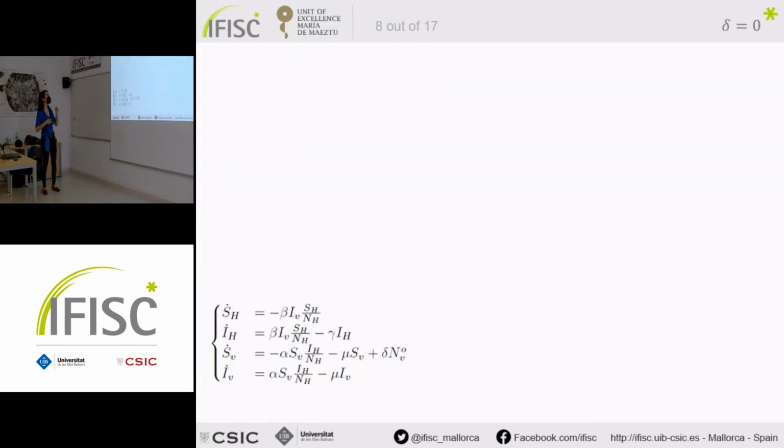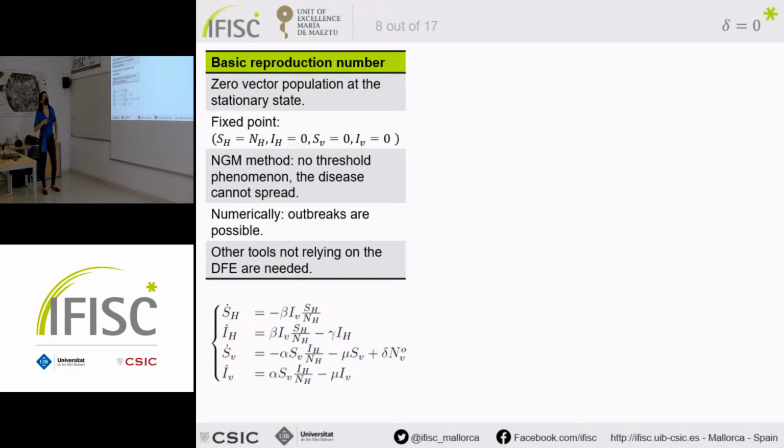Next, we can study the case delta equal to 0. This is a special case because at the stationary state of the system, the vector population is 0. So any linear stability method will tell you that there can be no propagation of the disease, because you need vectors to propagate the disease, and in the stationary state you have no vectors, so there can be no transmission.